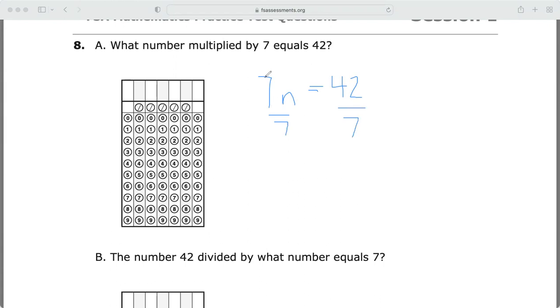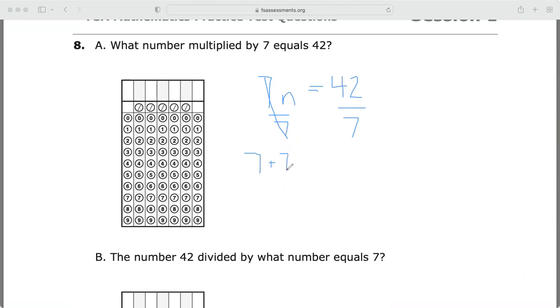How many times does 7 go into 42? So knowing your times tables would be helpful here. If you don't know your times tables, a trick that you could use is just counting by 7s.